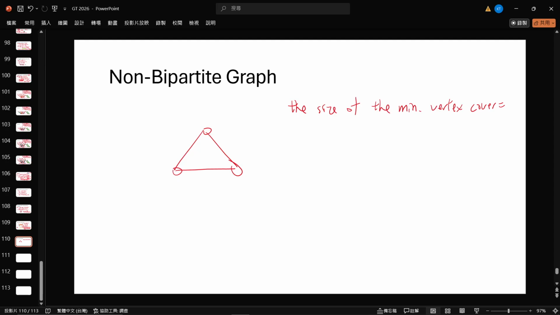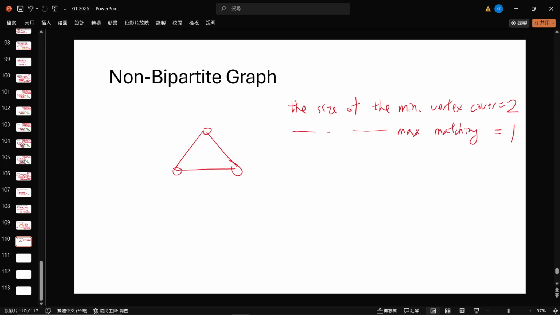No, you cannot. You have to use 2. And what is the size of the maximum matching? What's the largest matching you can find? 1, just 1 edge. You cannot do 2. So 1.